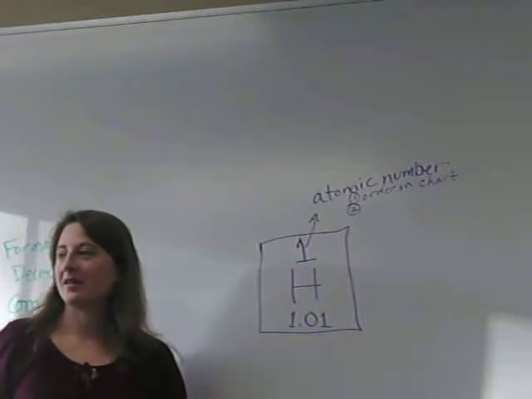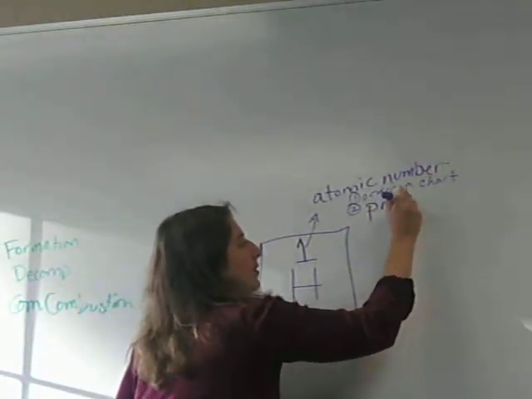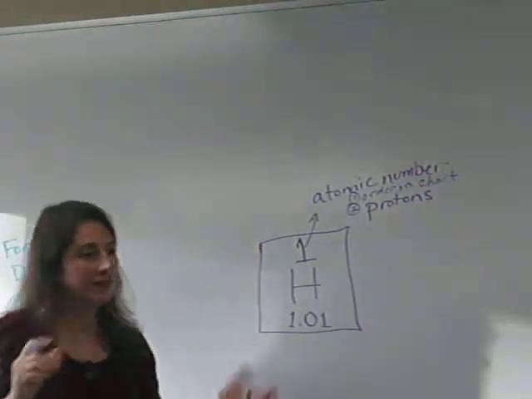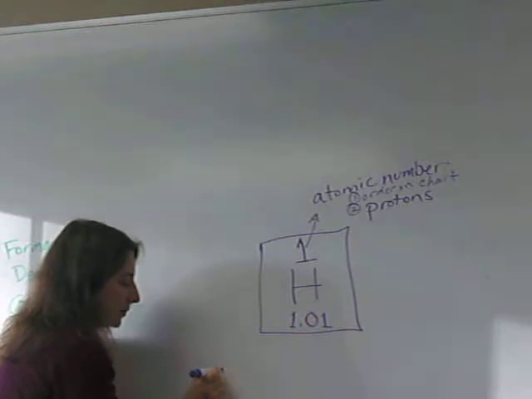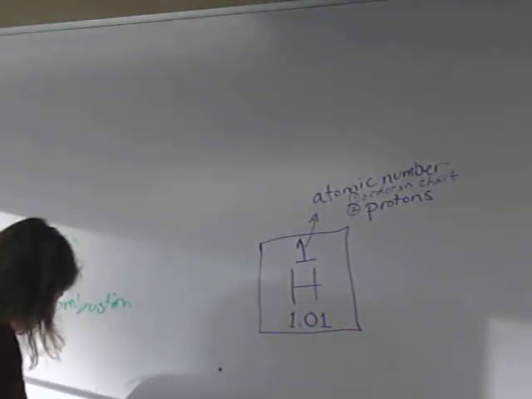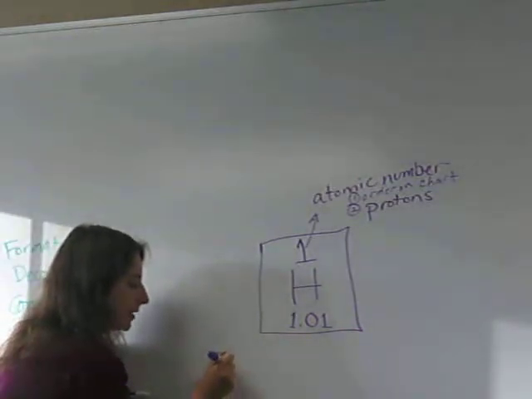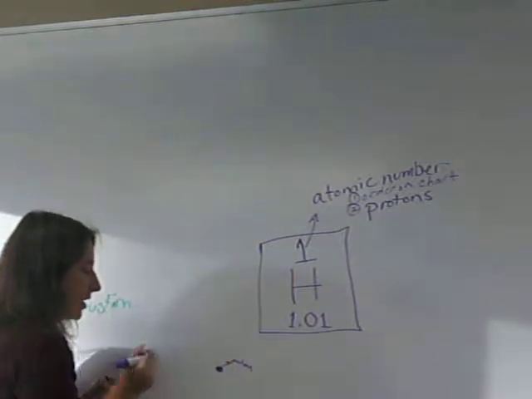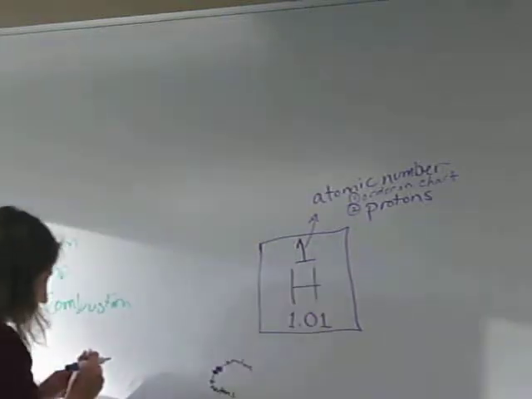How many protons? Protons. Okay, so we haven't really talked about the makeup of the atom yet, but as you all know from past science classes, the nucleus of an atom has 3 major components. You've got protons inside the nucleus, and you've got neutrons inside the nucleus.